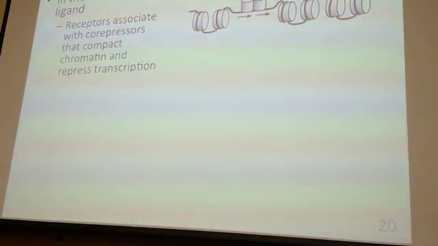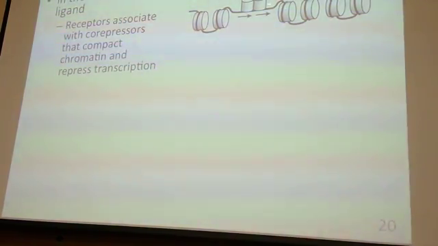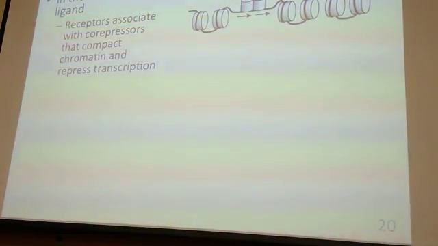Okay, so in the absence of a ligand, you'll have a heteroligomerization of the receptors. They're just represented here as these little cylinders. And these are going to bind to these specific areas of DNA, in this case these RAREs, the retinoic acid response elements. And they're going to inhibit gene expression from these sites. And they do this by regulating the compaction of the DNA.